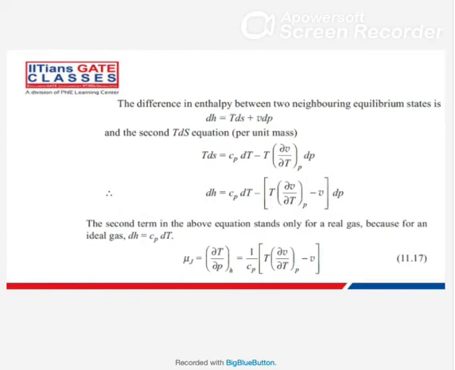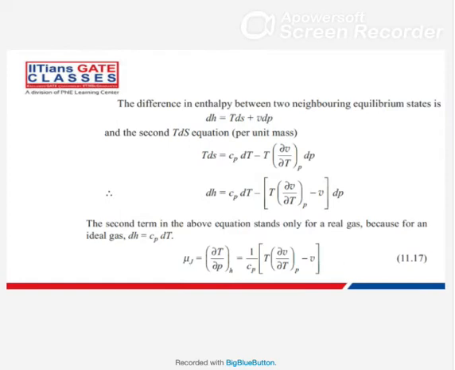Now you can have an equation for calculating this mu_J also. So we have dH equals TdS plus VdP. Now we have the TdS equation as Cp dT minus T times this term. Now what you can do is replace this TdS in dH equals TdS plus VdP. So what we'll get here is dH equals Cp dT minus this particular term.